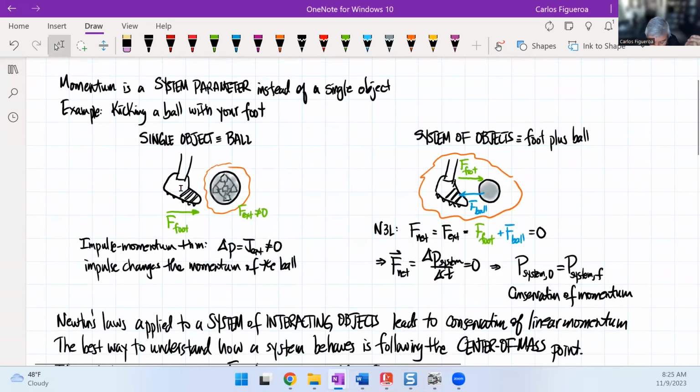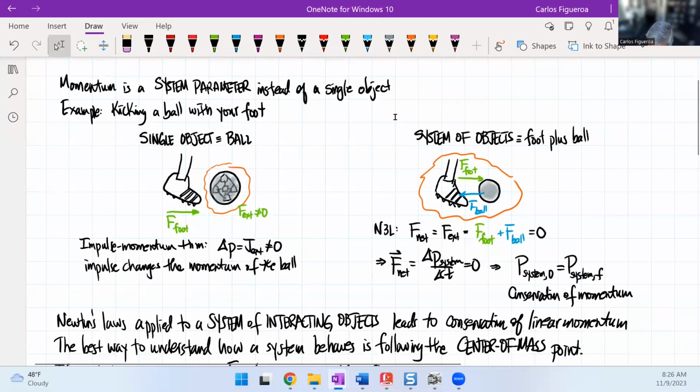We could think of this between a foot and a ball. So the foot kicks the ball, and either I could focus on the ball or I could focus on the system. If I focus on the ball, then I have to use the impulse momentum theorem, which is effectively using Newton's second law to get a sense of what is going on. So then the impulse by the foot changes the momentum of the ball.